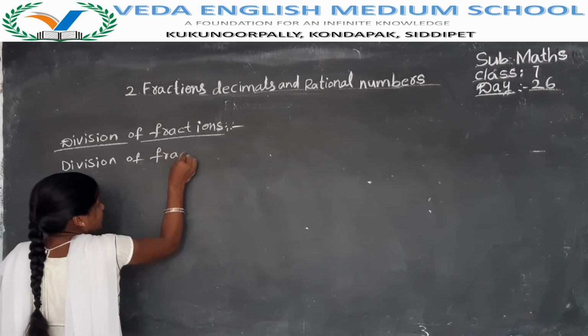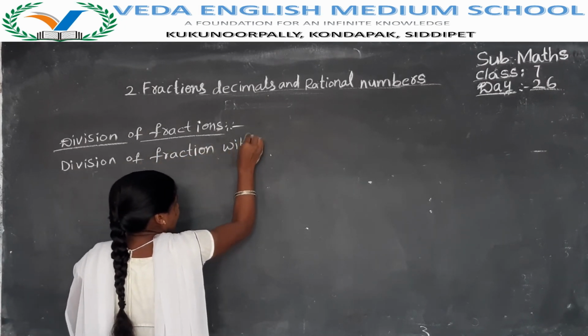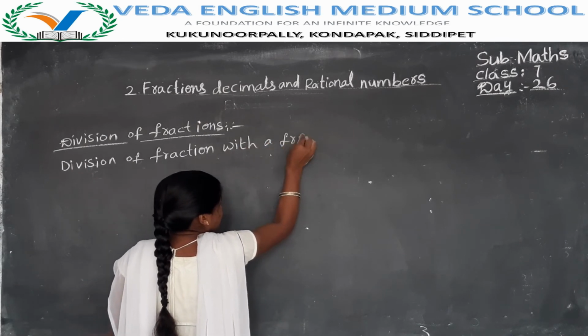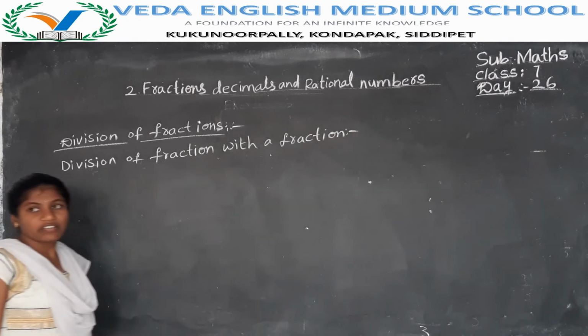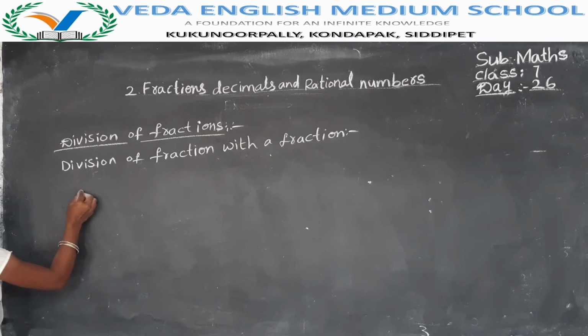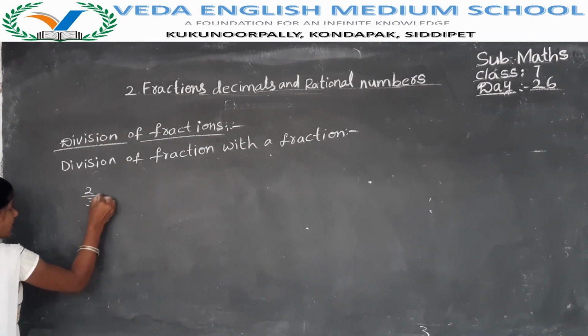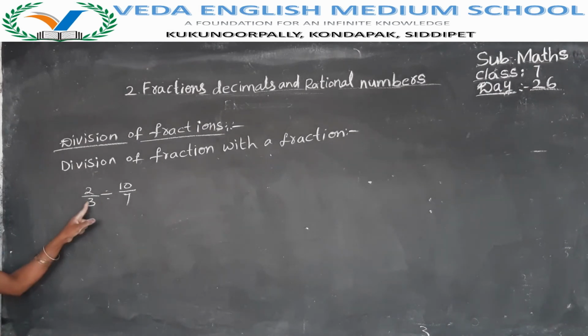How to divide first one fraction by the another fraction. Then now see here, I am taking an example, that is 2 by 3 divided by 10 by 7 I have taken here. Division of fraction with a fraction.